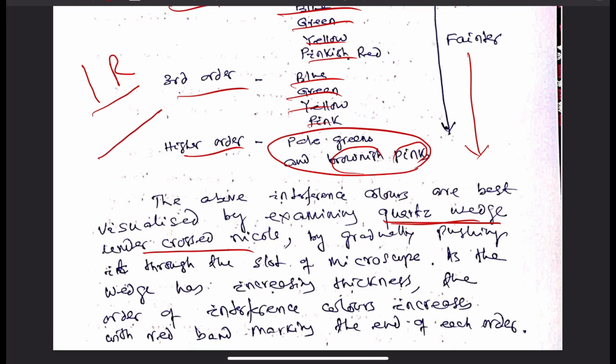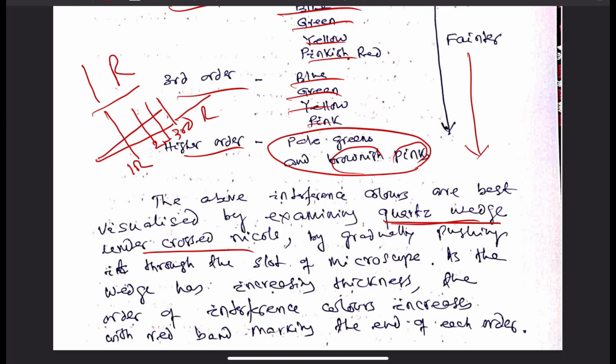So as the wedge is gradually pushed into the microscope, the thin end will give the first order red, then thicker, second order red. Gradually the colors appear.